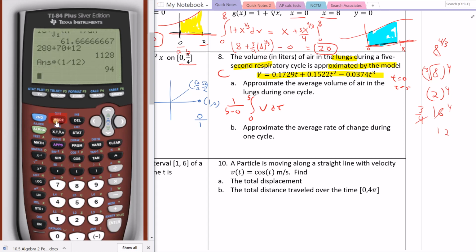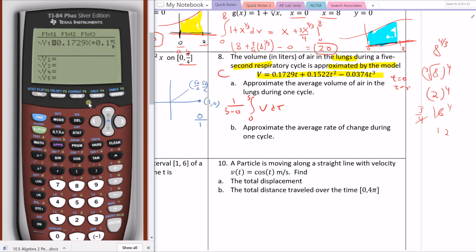And that's good, so let's go back here and say math 9. We're integrating, let's do the average value part first. So 1 divided by 5. Okay, and now we're going to do math 9 from 0 to 5 of that thing that we put in our y1 function there. And we're going to get a negative number. Does that make sense to have a negative number? We have negative 9 liters of air in our lungs.